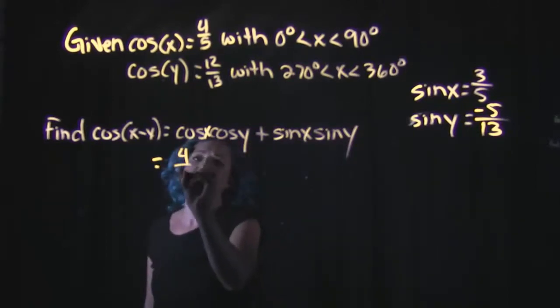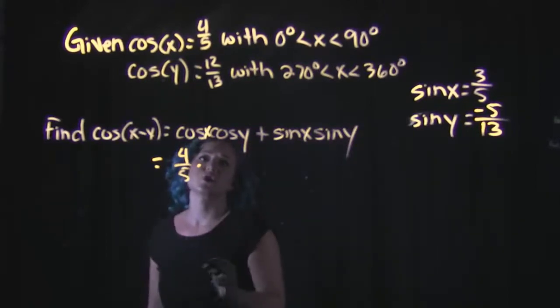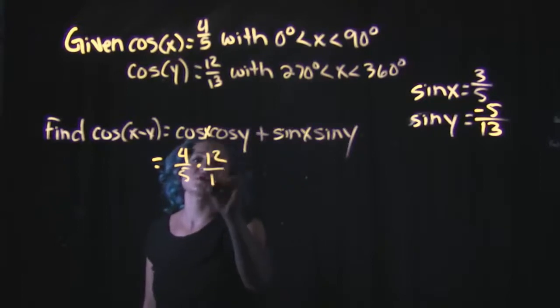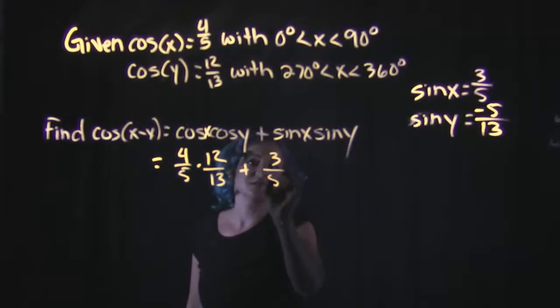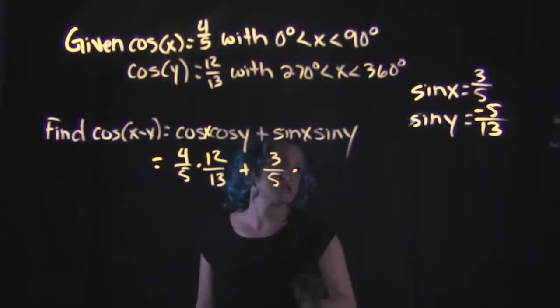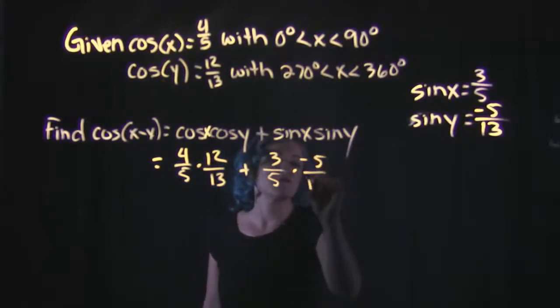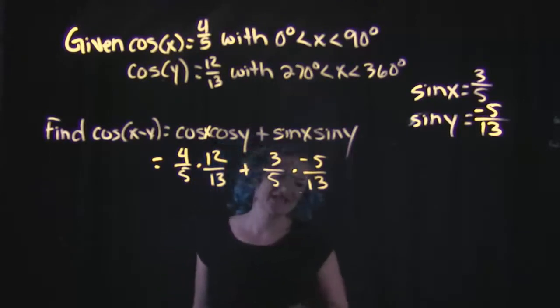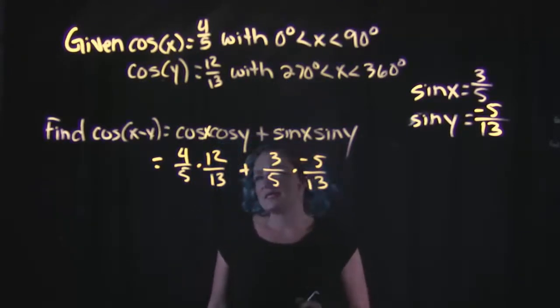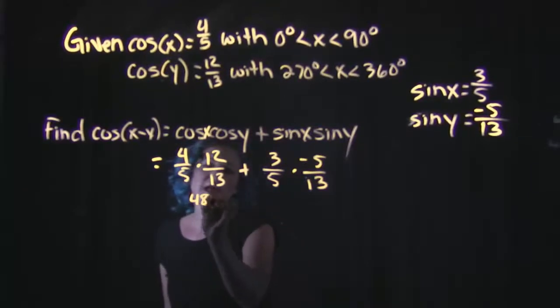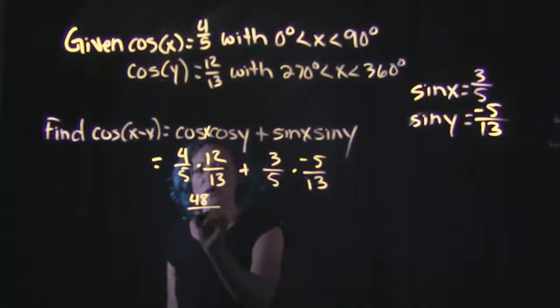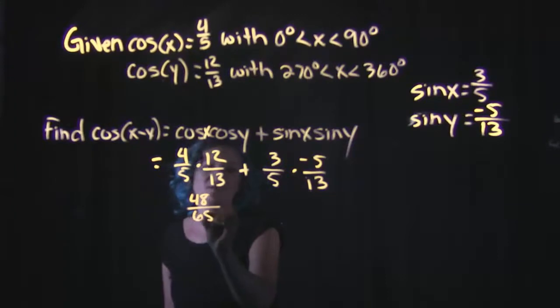So plug and chug into the formula. Cosine of x is 4/5 times cosine of y is 12/13 plus sine of x is 3/5 times sine of y, which is negative 5/13. Multiplying before we add, 4 times 12 is 48 over 5 times 13, which is 65.